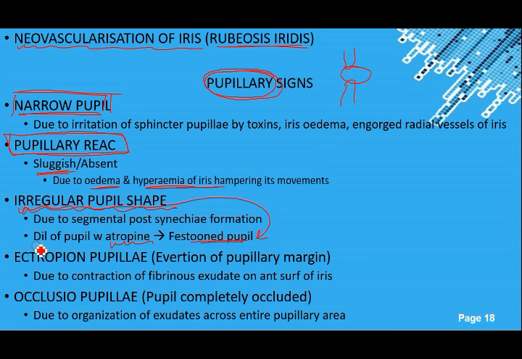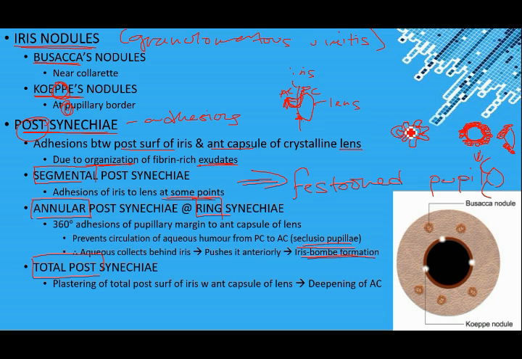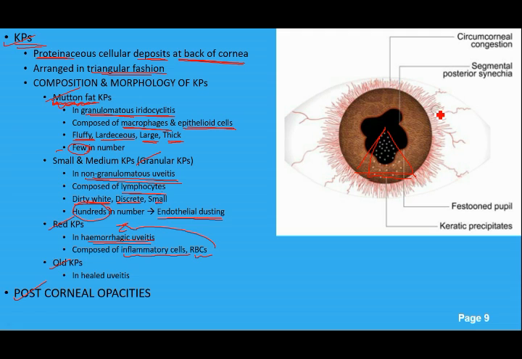There is further dilatation of the pupil, so these parts further dilate, or move back. That's when it gives you this shape. Okay, clear? Festooned pupil. And can you see the segmental posterior synechiae here?